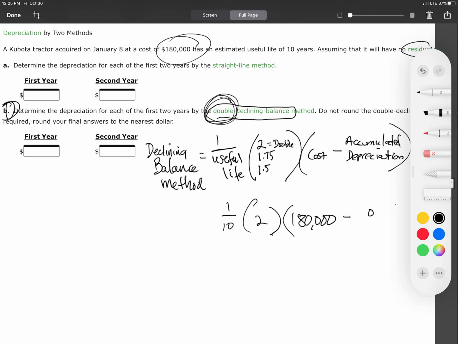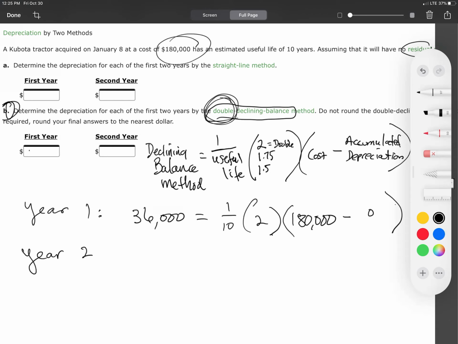Well, since we've never depreciated this asset before, this is our first time, at the end of year 1, that would be 0. Multiply this out and it comes to 36,000. That would be year 1.